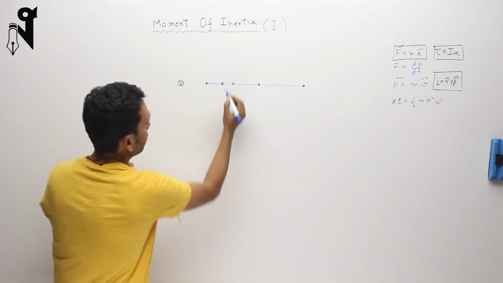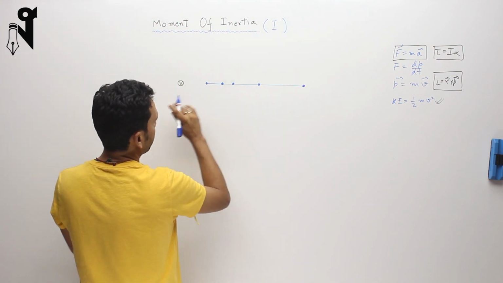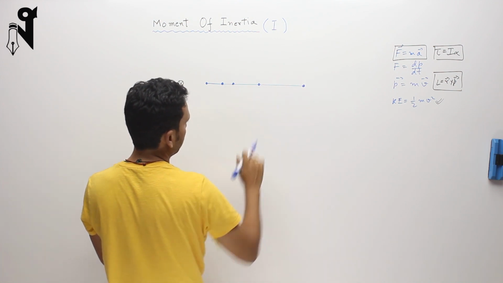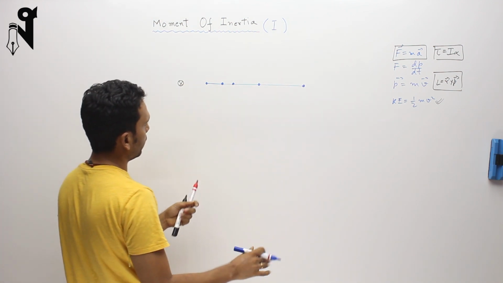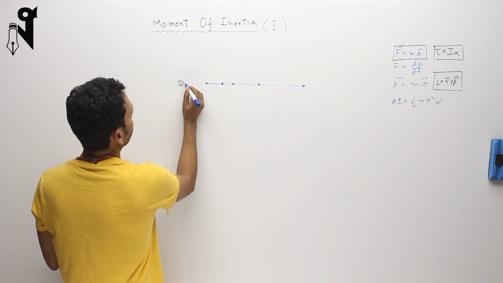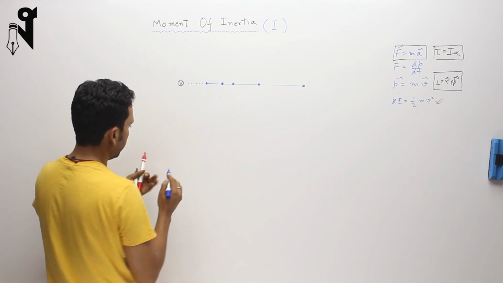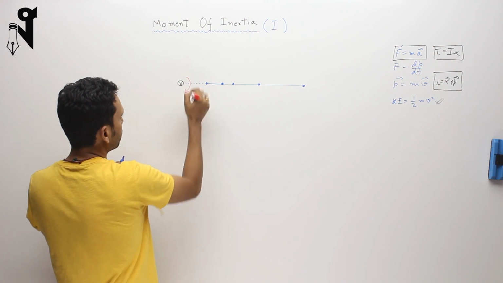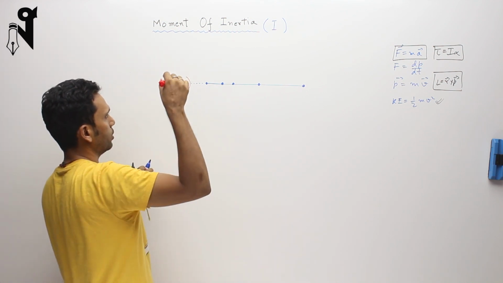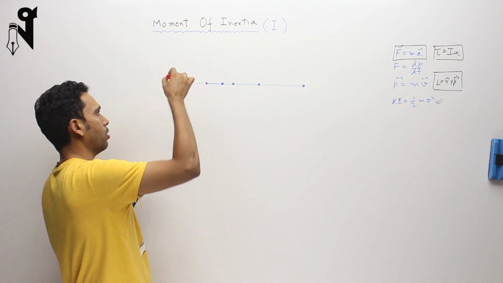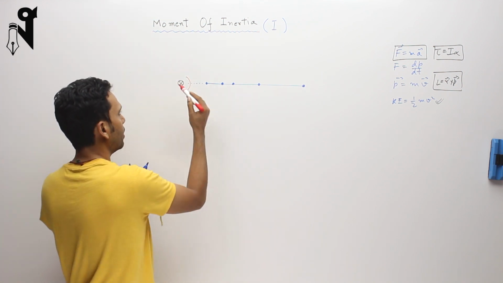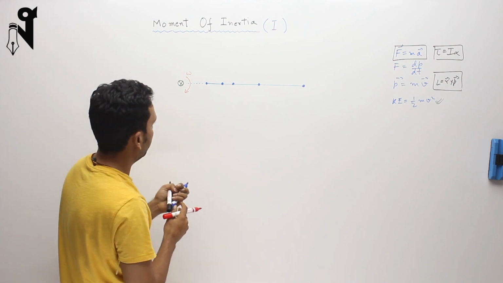So the mass of the rod is the mass of all these beads added, because this thin line is just a rigid connection between them, and the whole thing is rotating about this axis. This axis is going outside, inside the board, from out to in or in to out, whatever. This is the axis, and it is rotating with omega.